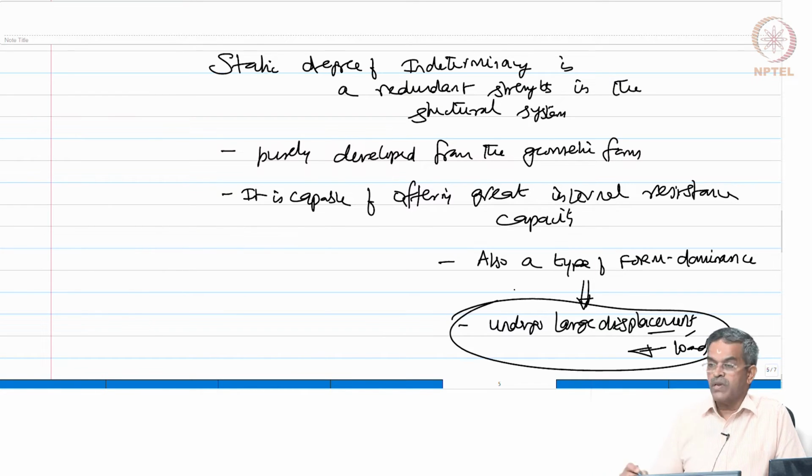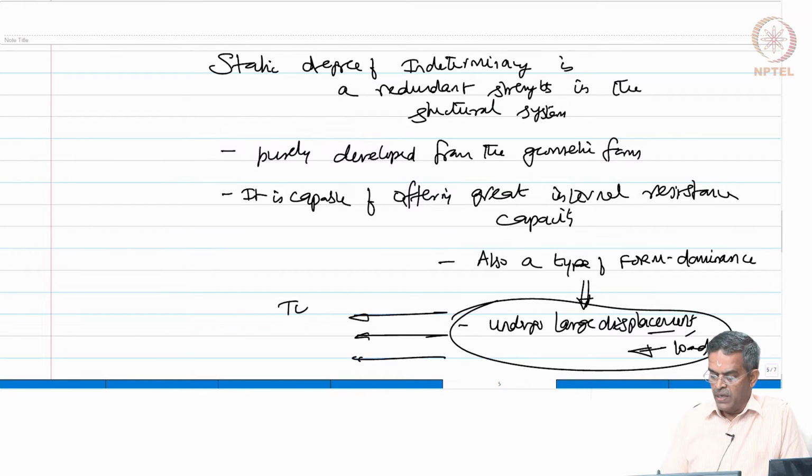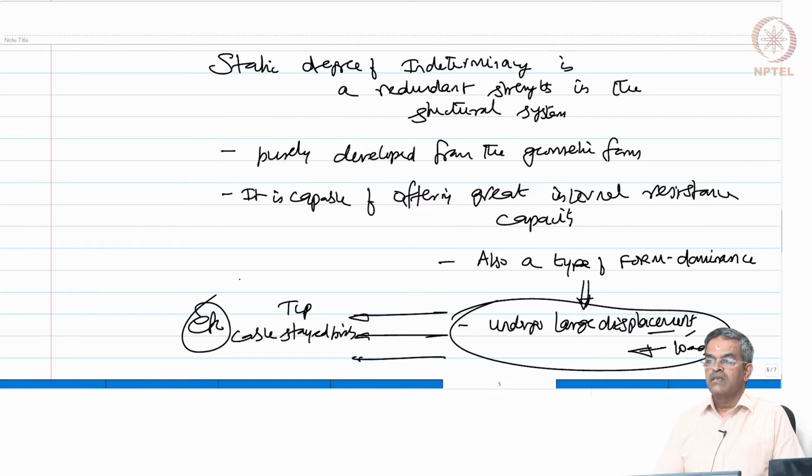So, this is the form dominance that we expect, which is happening in special kinds of structures like TLP, cable stayed bridges, etc. Offshore structures are most prominently form dominant, which undergo large displacement, and the relative displacement or relative force helps the structure to counteract the applied force. That is a very beautiful idea conceptually implemented in the design procedures of offshore structures. So, I think it is very important for us to learn this.